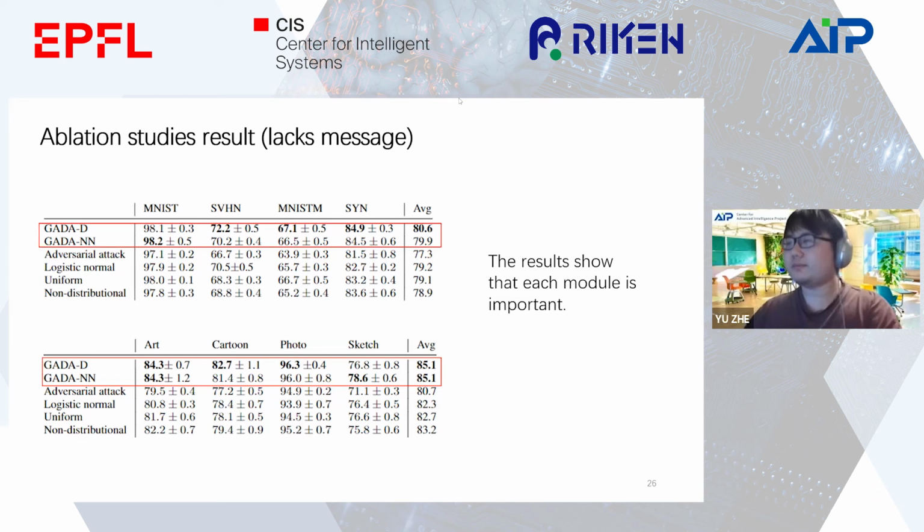So this here is the result of the ablation studies, and here we can find the result of the proposals. This result shows that each module is important in our framework.